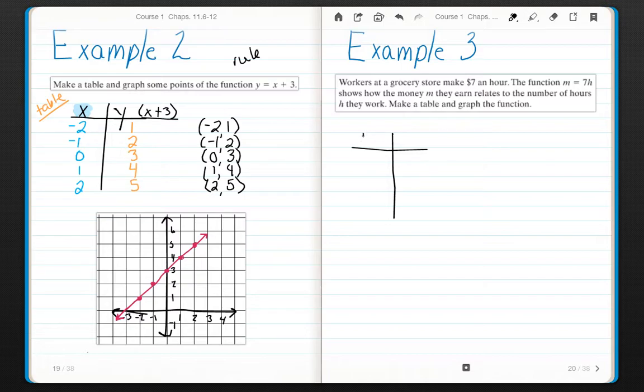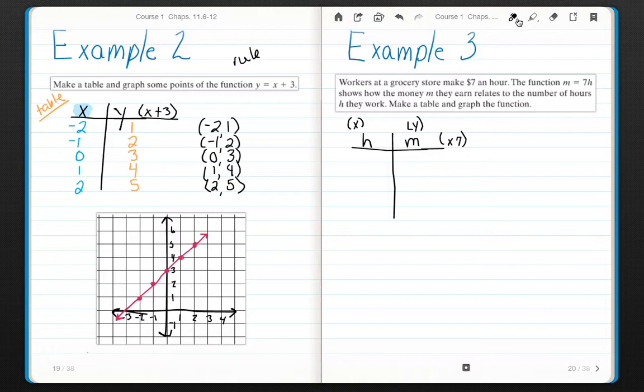So h is going to be my input. It's also going to be my X value for my table or for my graph. M is my output or my Y value. I can't earn money if I don't work any hours. And the rule is times 7.